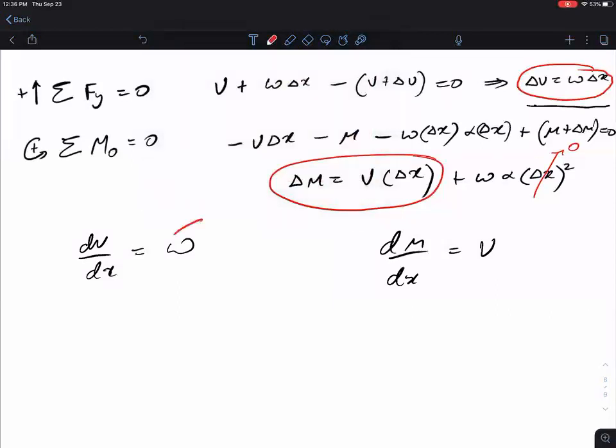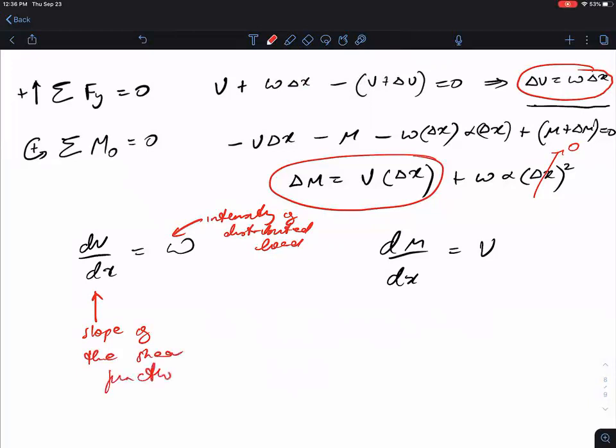Here this is the intensity of the distributed load, and this is the slope of the shear force function. And on the right, we see that the slope of the moment function is equal to the shear force at a particular point.